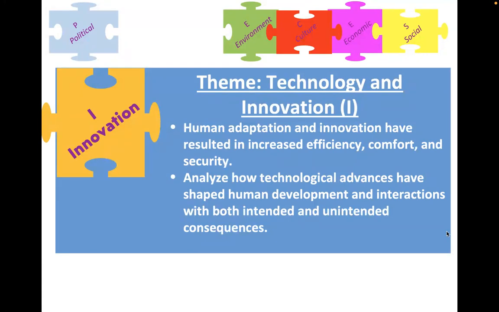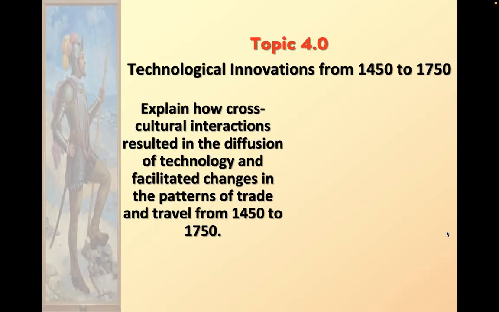So when we apply these ideas to our essential question, explain how cross cultural interactions resulted in the diffusion of technology and facilitated changes in the patterns of trade from 1450 to 1750.